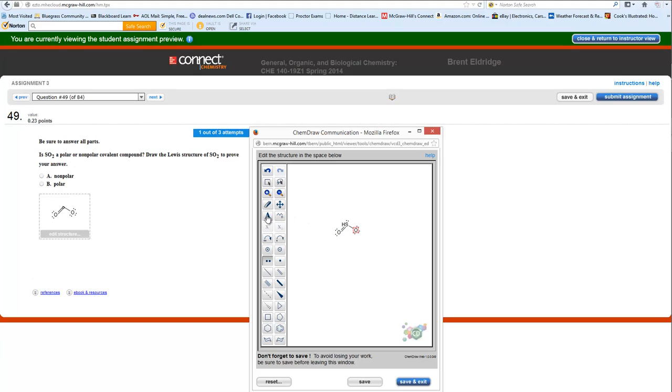And that. Okay, and then let's get rid of the hydrogen. Yeah, I was afraid of that. All right, so let's do that. Put a sulfur in. All right, so let's hit save and exit.